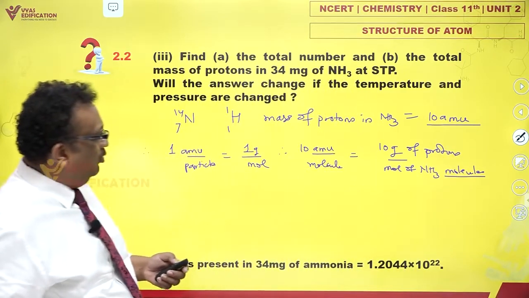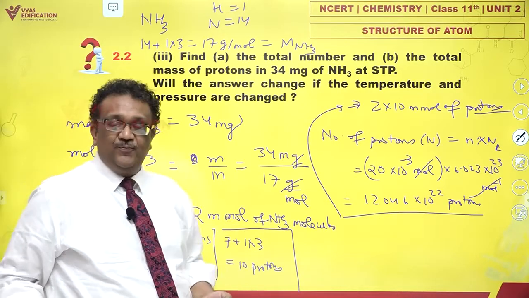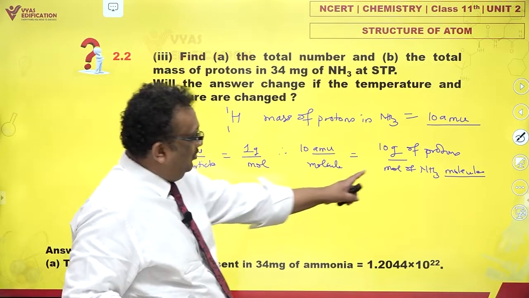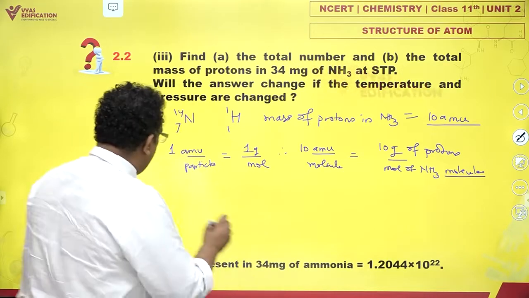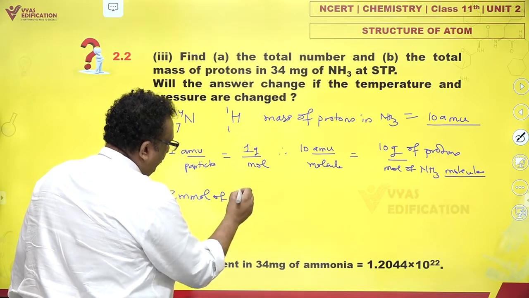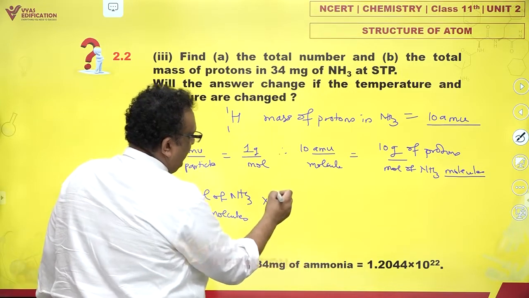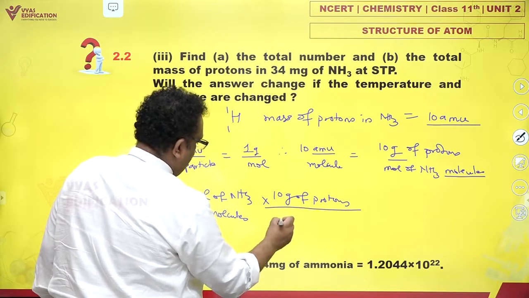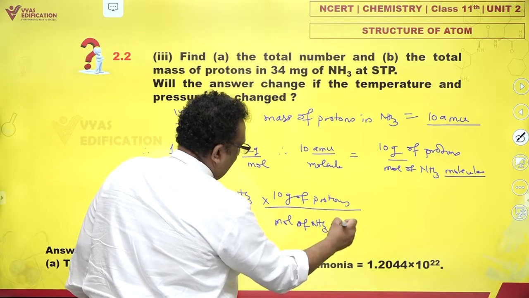But do I have the number of moles of ammonia molecules? Yes, I have that. It is 2 millimoles. So, 1 mole of ammonia molecules contains 10 grams of protons, so 2 millimoles of ammonia molecules multiplied by 10 grams of protons per mole of ammonia molecules.